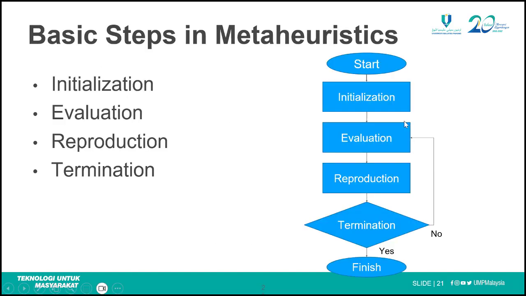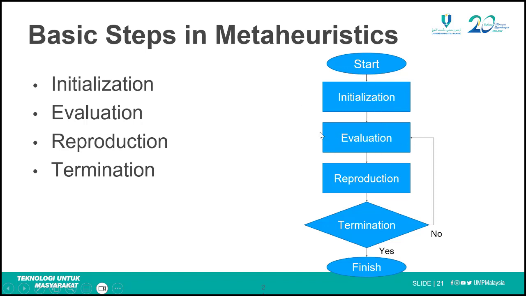Okay, this is the basic or general step in metaheuristics. The majority of metaheuristic algorithms will utilize this flow. We begin with initialization, then evaluation. Initialization is basically to create a set of random solutions and to define certain parameters that will be utilized in the algorithm.